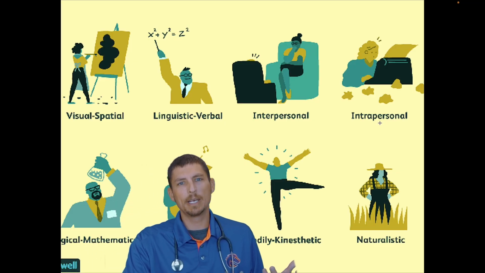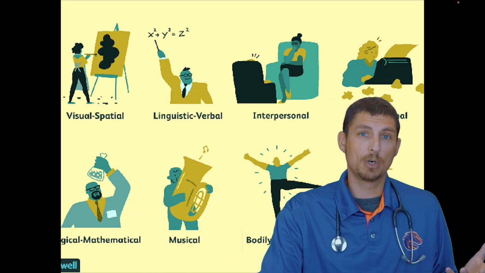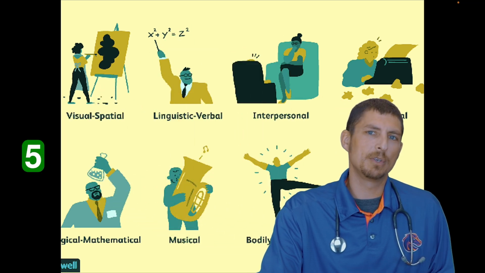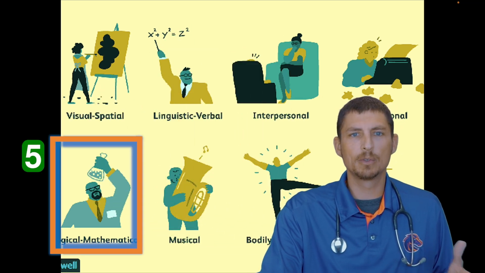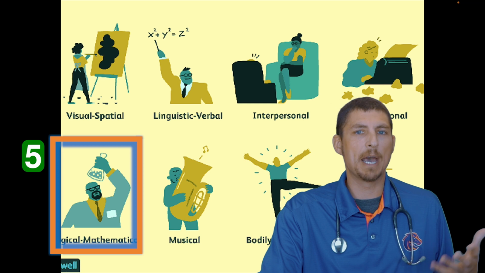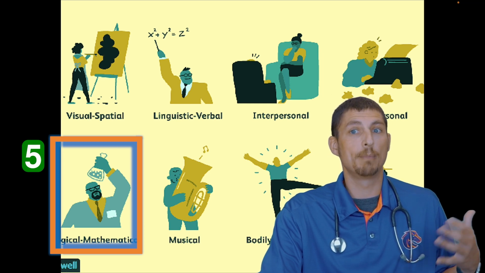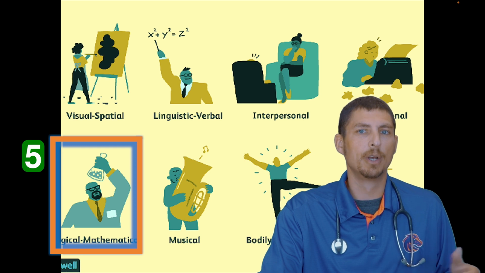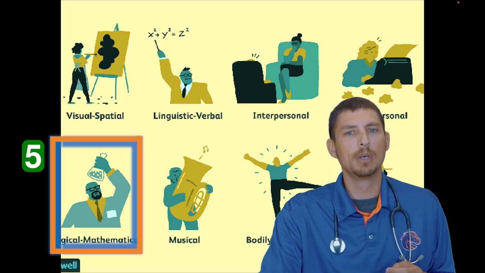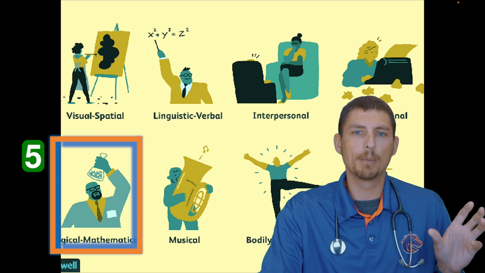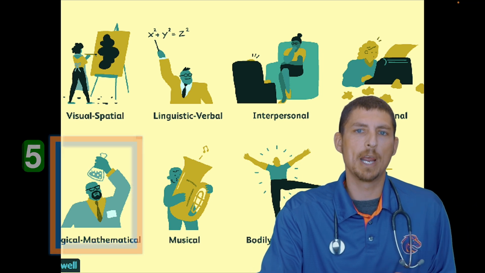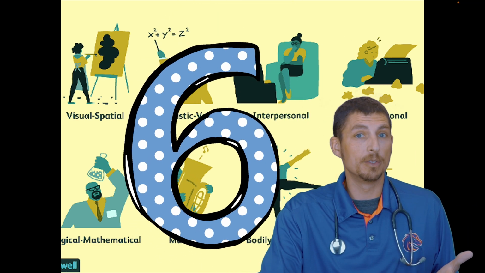The next category is logical or mathematical. These students learn best using reasoning skills, logic types of skills, mathematical skills. So a lot of times you would think about, okay, well, this is your math teacher or your engineer type of student, to where they really think about the world in a mathematical way. The next category is musical.